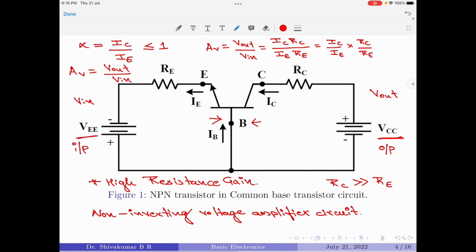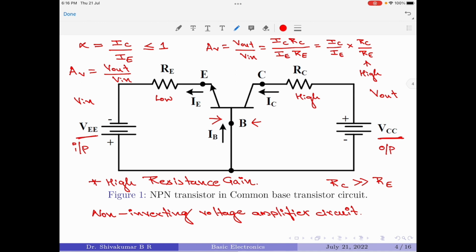It must be noted that the value of RC is considerably high as compared to that of the value of RE, and therefore, the value of RC divided by RE will be very high. Because of this, we say this configuration creates high resistance gain.